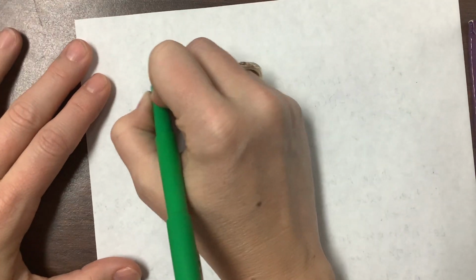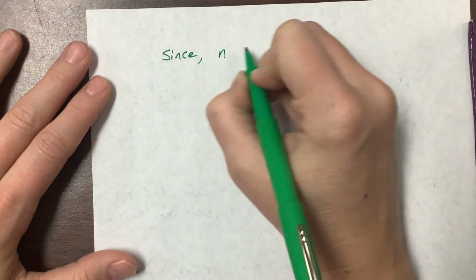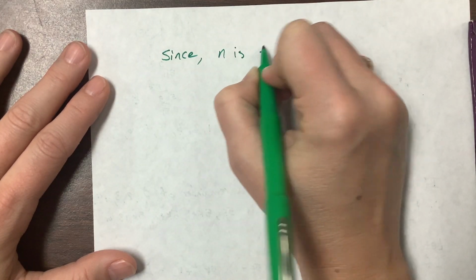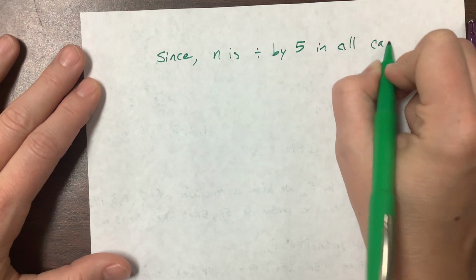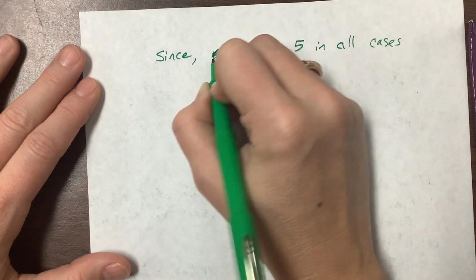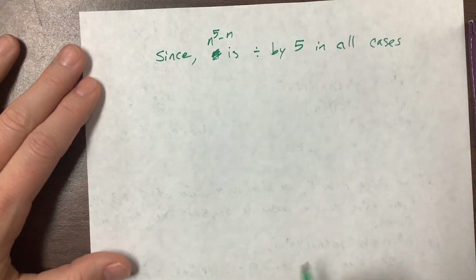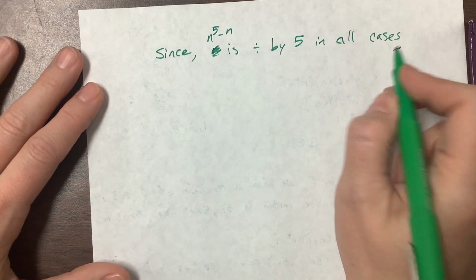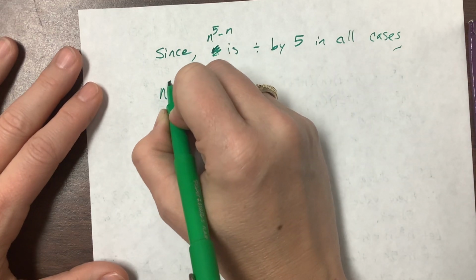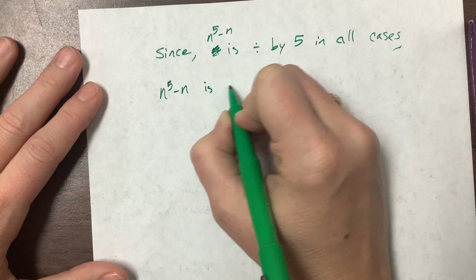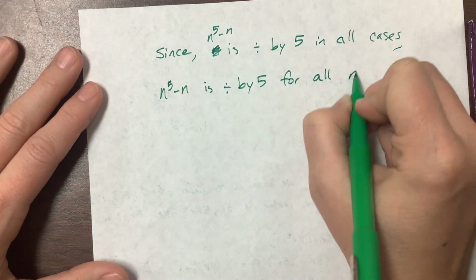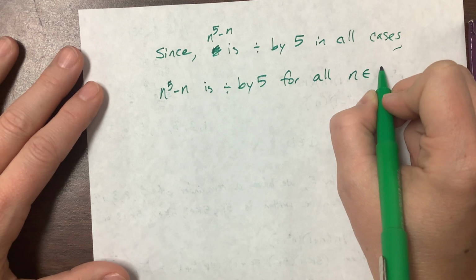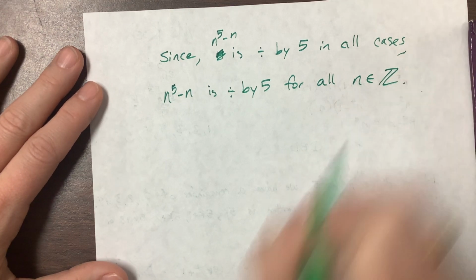And then we should summarize all of this and say, so since n to the 5th minus n is divisible by 5 in all cases, n to the 5th minus n is divisible by 5 for all n an element of the integers.